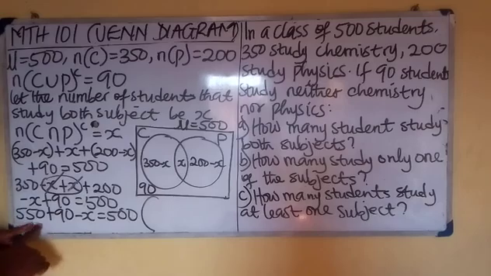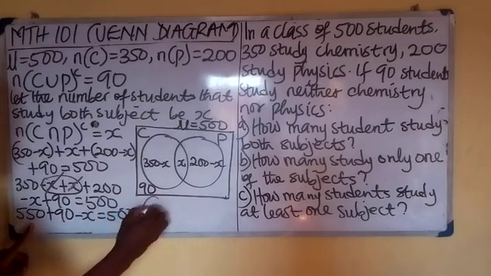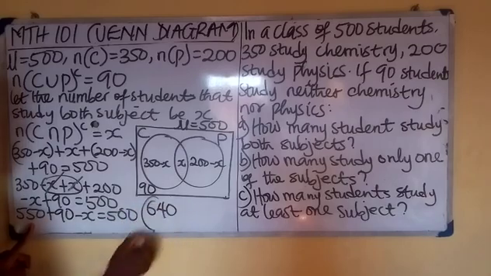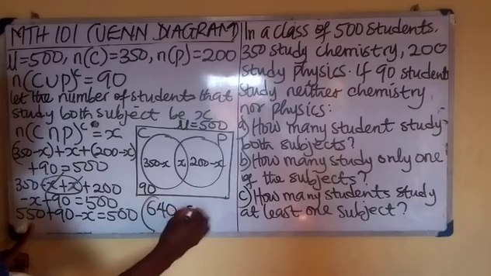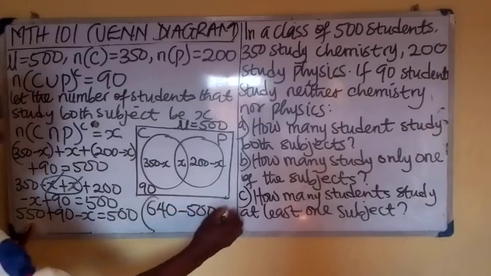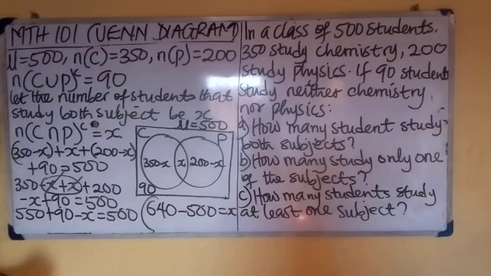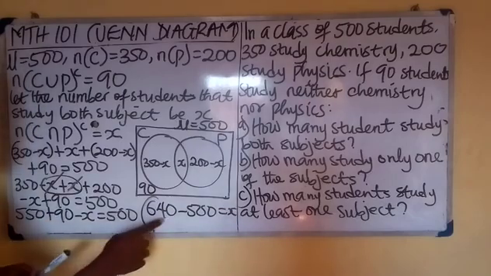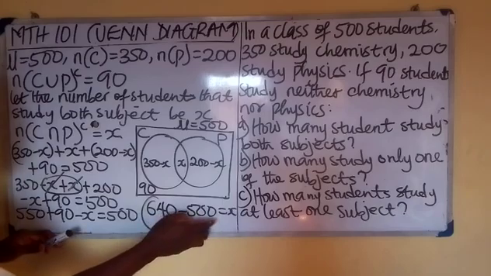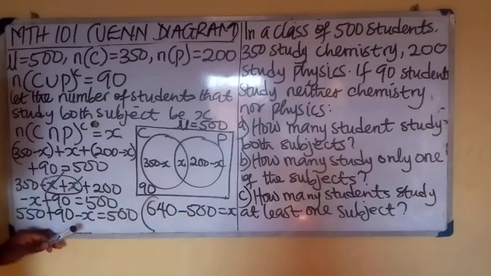Therefore 550 plus 90 will give me 640. 640 minus 500 equals x. That is x. So 640 minus 500, that should give me 410.